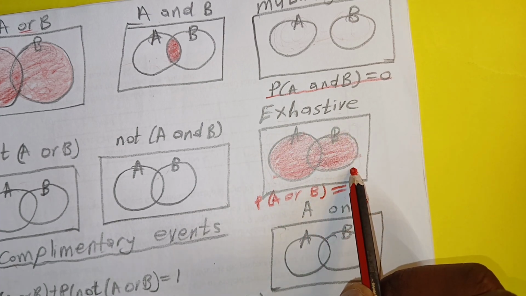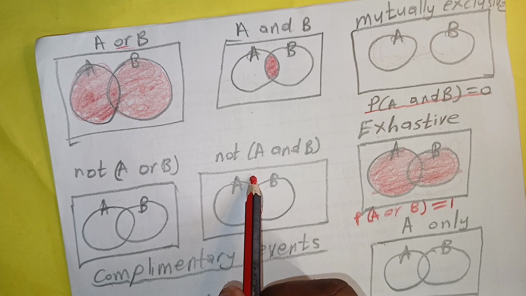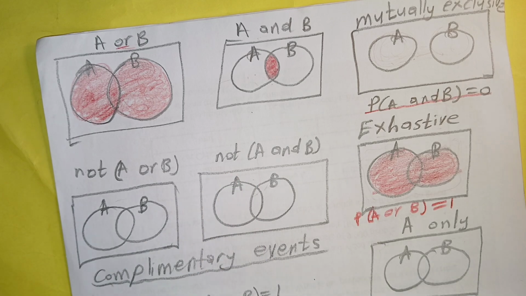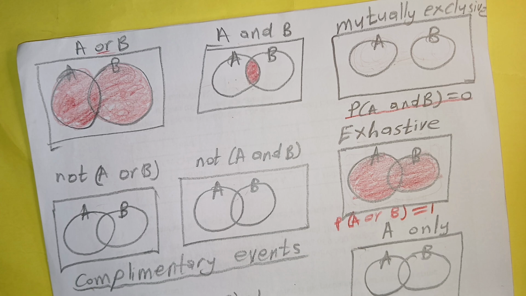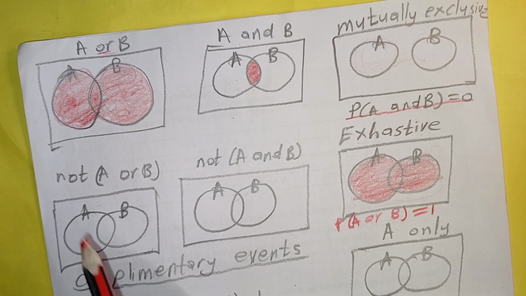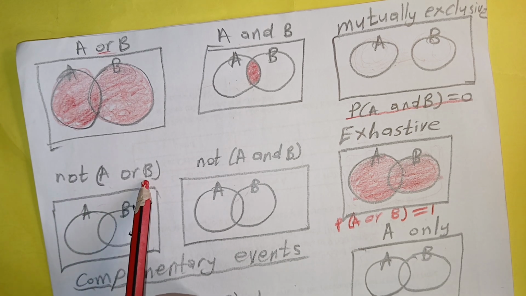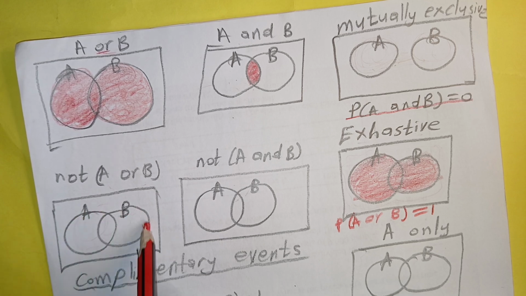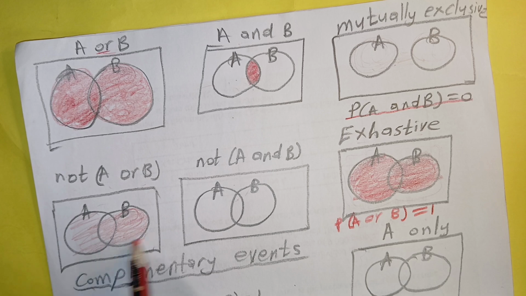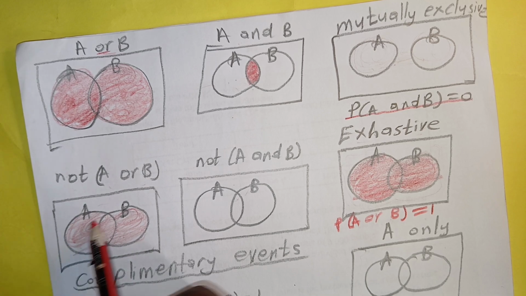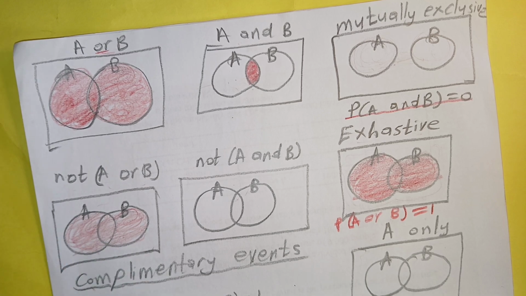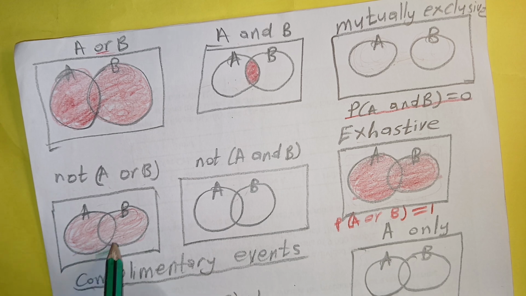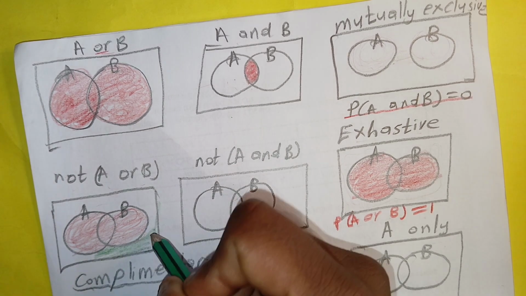Now when they talk about not A or B, you know A or B is something which is here. All this thing is A or B. But the moment they say not A or B, they talk about what is outside now.